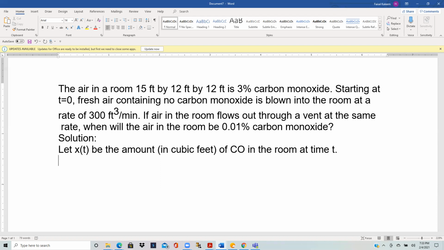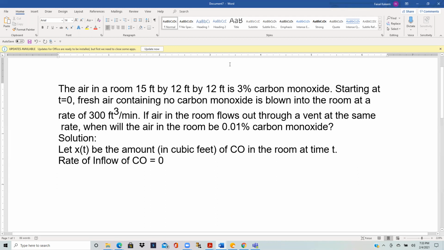However, in this case, since the incoming air is pure air with no carbon monoxide, the rate of inflow of CO is equal to 0.